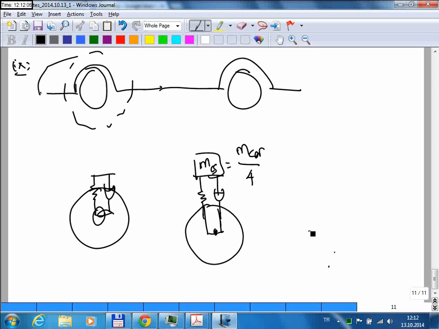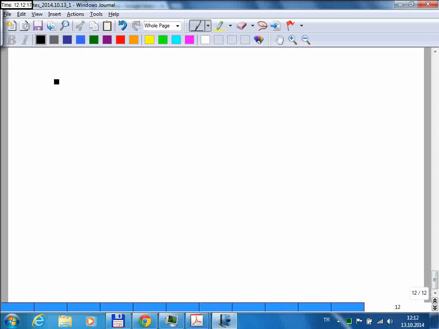So if you want to add that effect into your model, here's how you do that. So you take this mass of the car, and then there's a spring and a damper, and then you consider another inertial element, and this is your wheel.